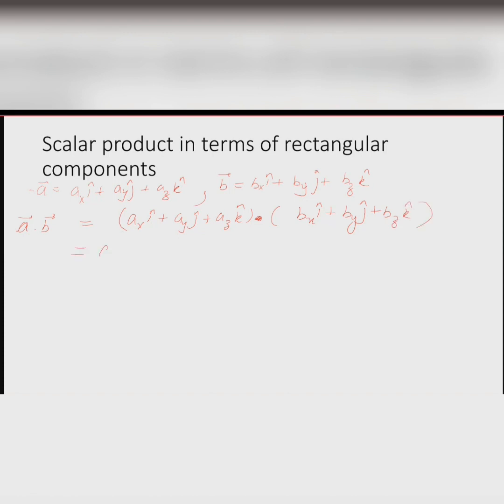If I open the bracket, this would be ax i hat into this whole bracket, plus ay j hat into the same bracket.